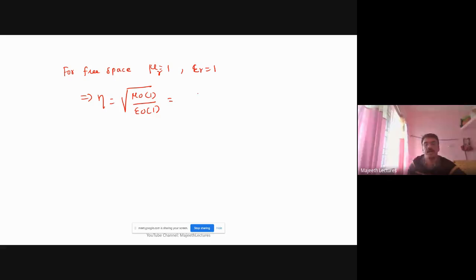So mu naught value, it is absolute permeability, that is 4 pi into 10 power minus 7. Epsilon naught we have studied in Coulomb's law itself. It is 8.854 into 10 power minus 12. Right? Mu naught is absolute permeability.